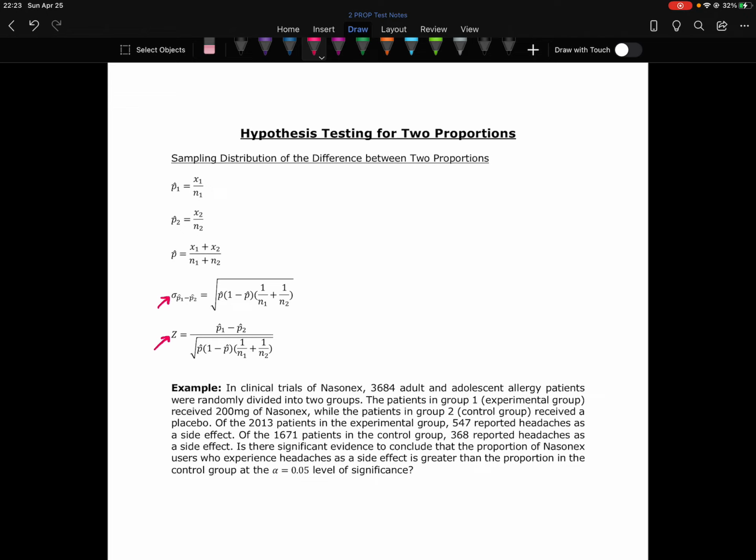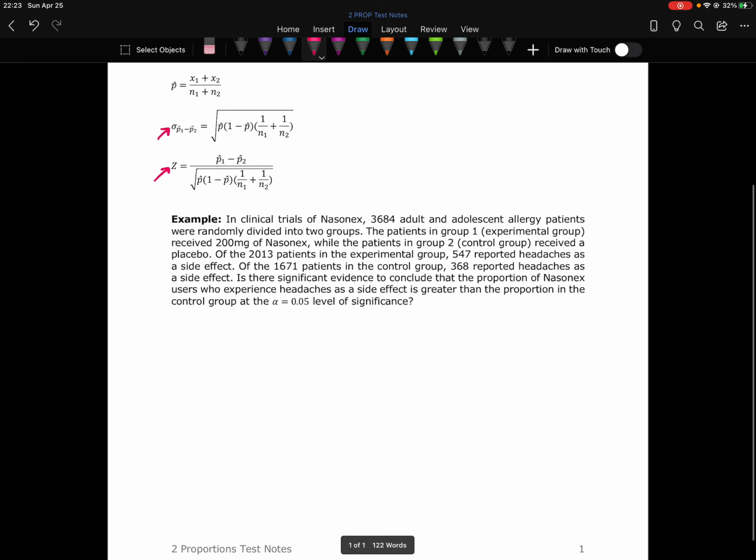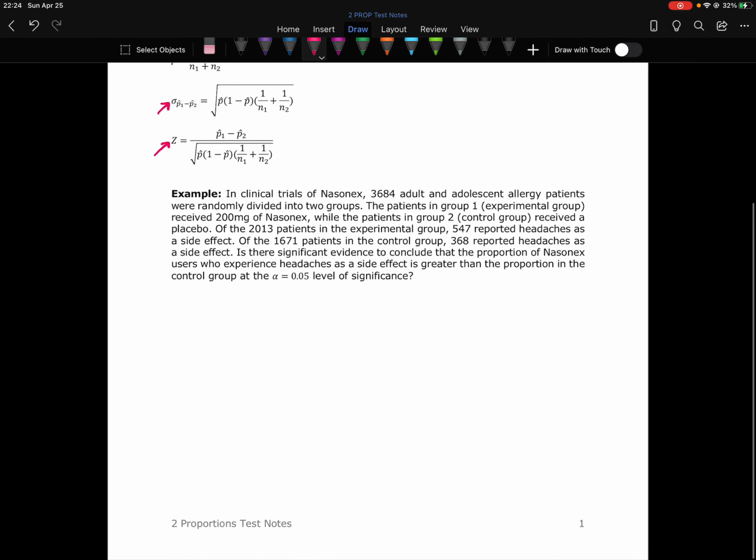I am not going to expect you to do any of this by hand. We are going to let Excel do all of these calculations for us. We are not going to do any of this by hand, not even the example. So we are going to jump into that example.